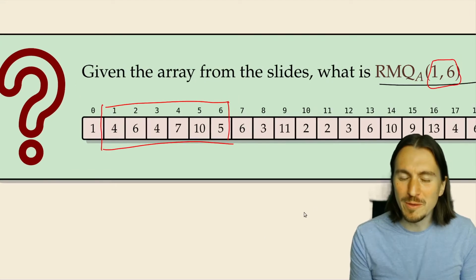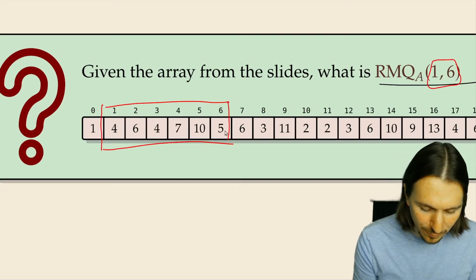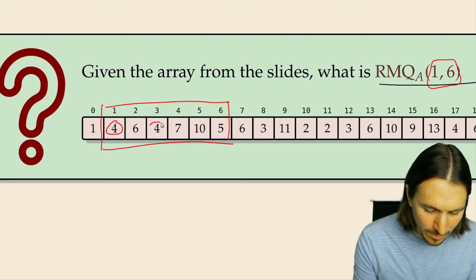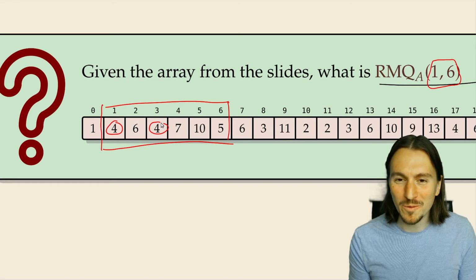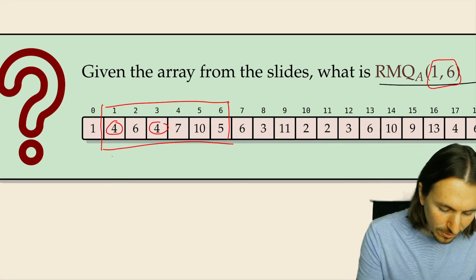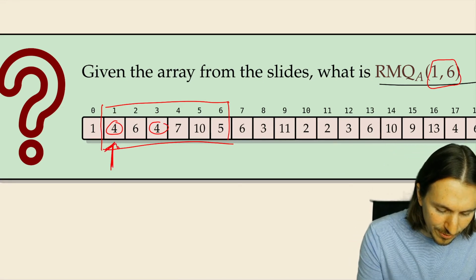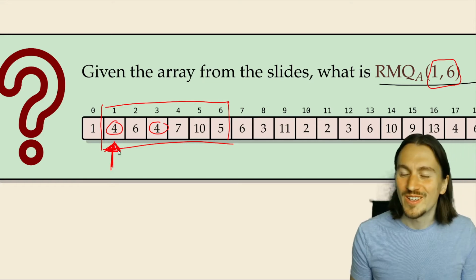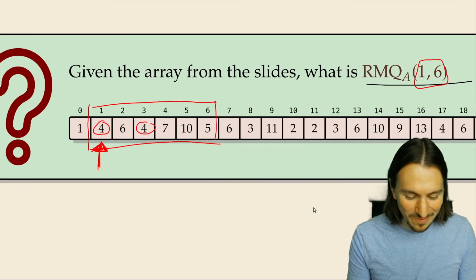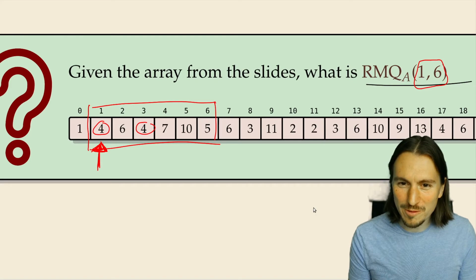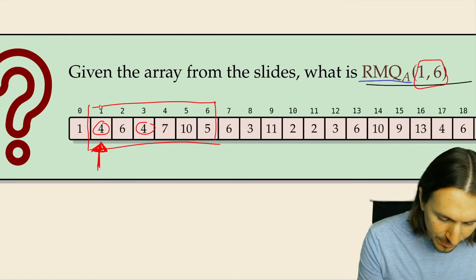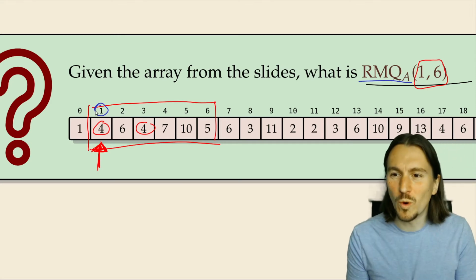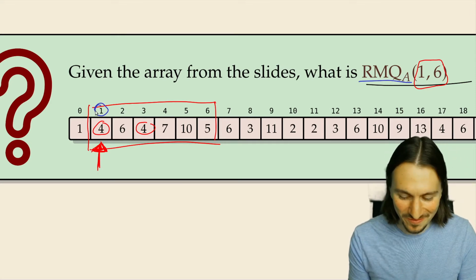And now we're looking for the minimum in this range. Well, 4 seems to be the smallest number. It occurs twice. But remember the second nitpick, we always report the first occurrence. So this is where our minimum is. And then the last nitpick, we don't report 4, we report the position. So that's this 1. So 1 is the answer.